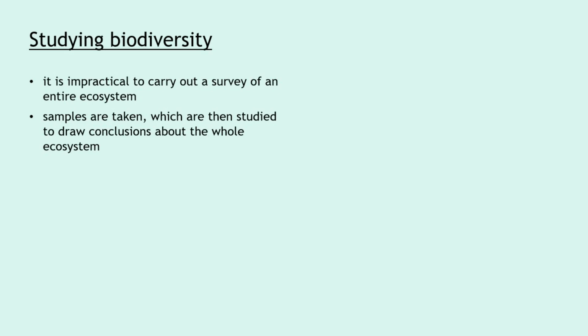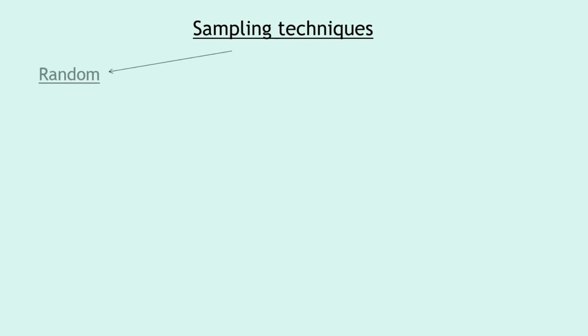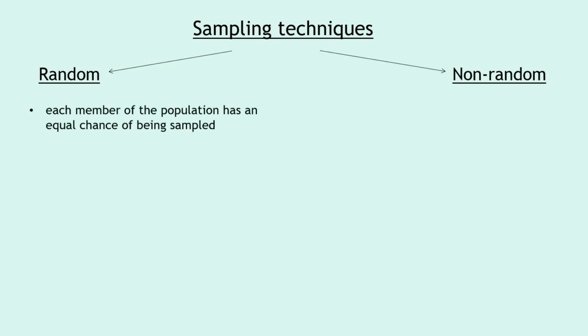Instead, we take samples. So what type of samples are there? Well, sampling techniques can be either random or non-random. Random sampling is when each member of the population has an equal chance of being selected. You, as the researcher, have no involvement. You do not decide who will be in your sample.